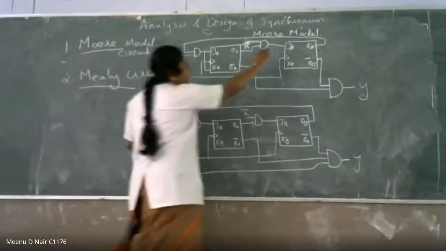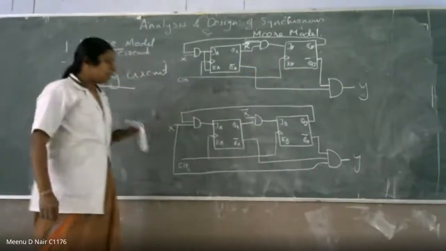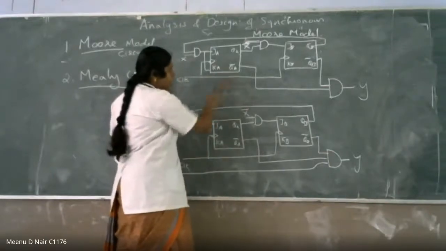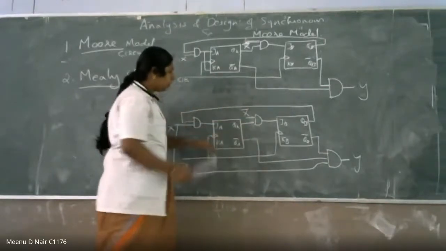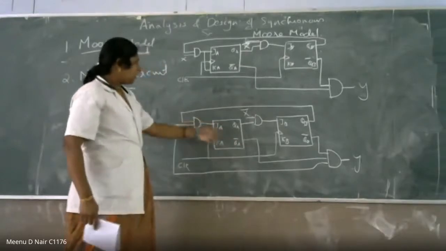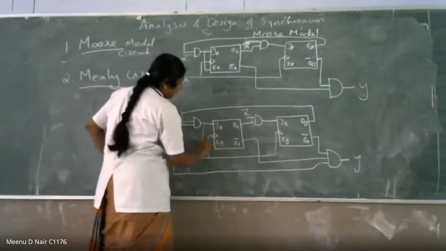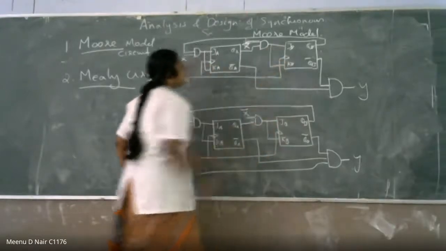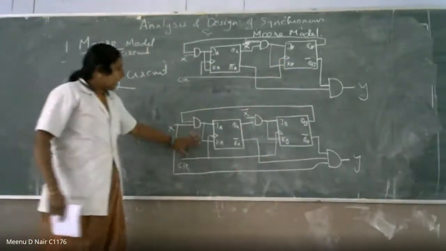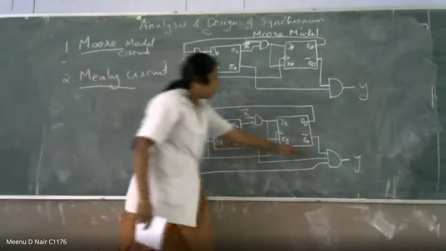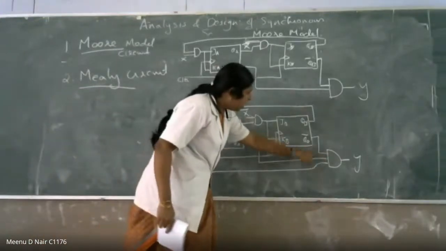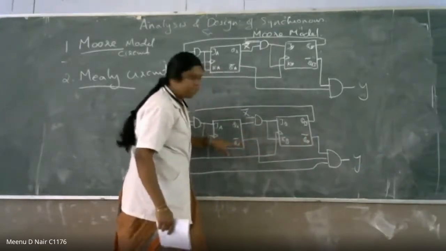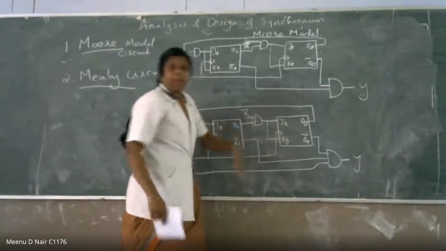Okay, this is your Moore model. The second one is, you see here, all the things will be the same. Everything, all the circuit, you are using JK flip-flops, inputs JA, KA. Sorry, here it is JK. Here also, I forgot to draw this one. So in this case, what is happening in the output? Output is depending on the present state of the flip-flop, that is nothing but QA bar, QB bar, or it can be QA, QB.